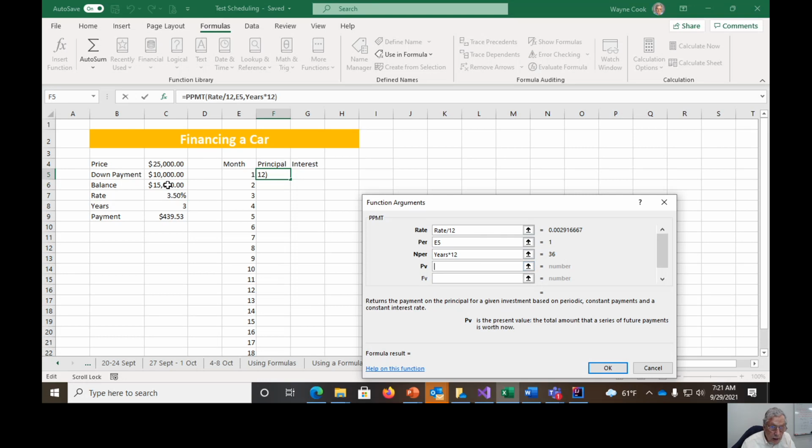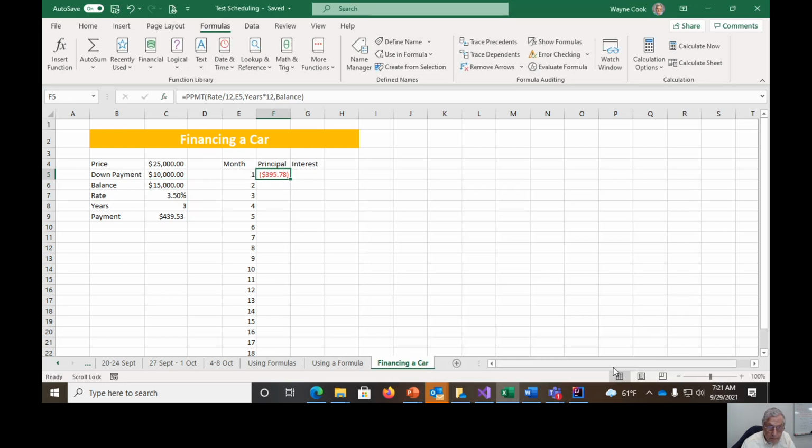And PV is the balance. So this shows you how much principal is being paid. And again, if I want it as a positive number, then I will get that.